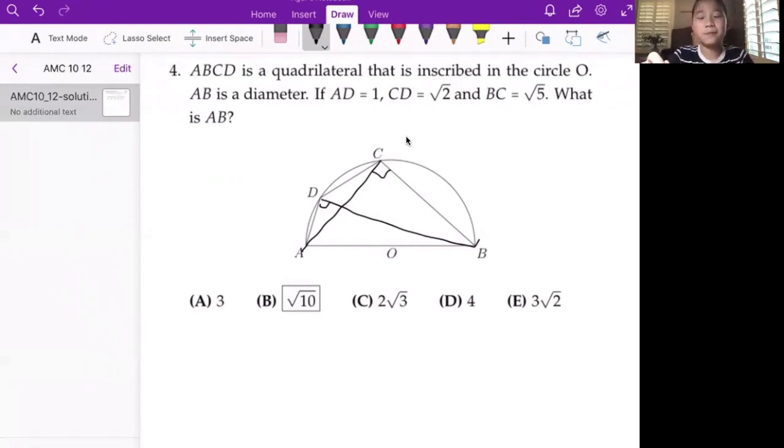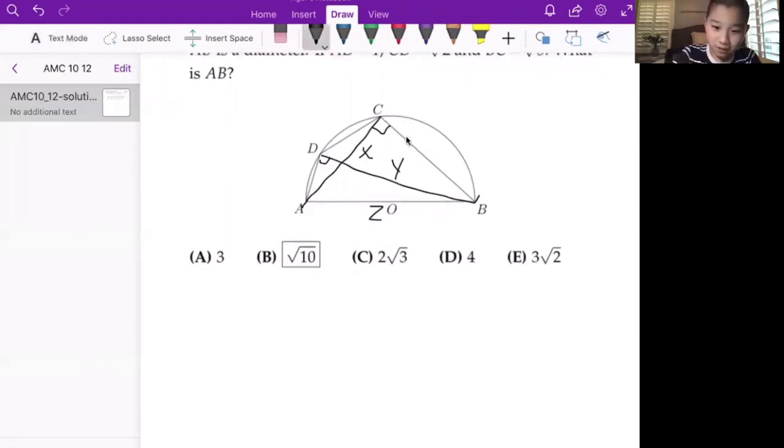So let's set some variables again. This time we can actually be not so careful and set 3 variables: AC equals X, BD equals Y, and BA equals Z. And then we know the other lengths.